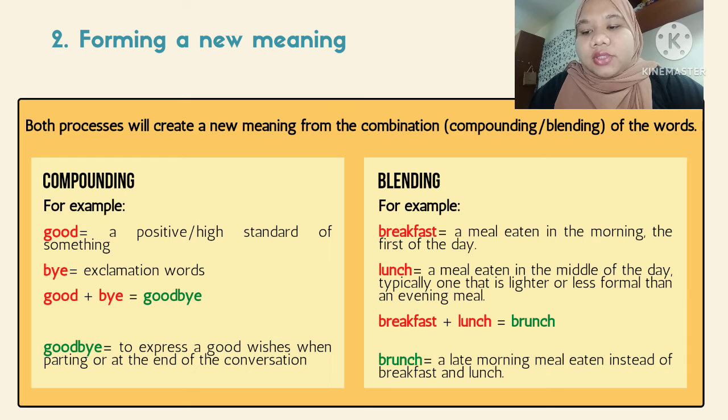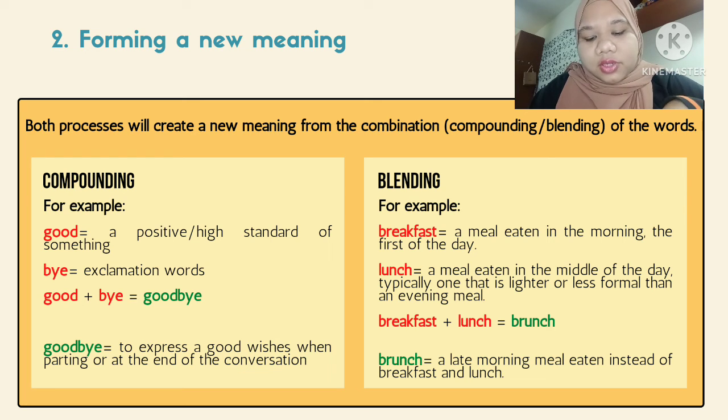So this is for compounding. If we look at blending, the same thing also happens. I take the example of brunch, which is the blending of breakfast and lunch. Breakfast is a meal eaten in the morning, and lunch is a meal eaten in the middle of the day. So both words differ in terms of when they are eaten.